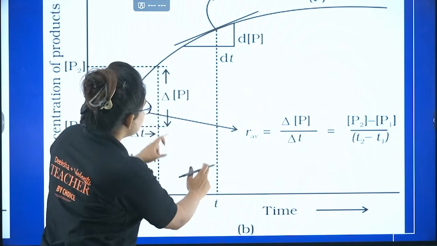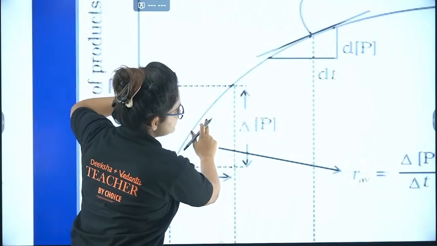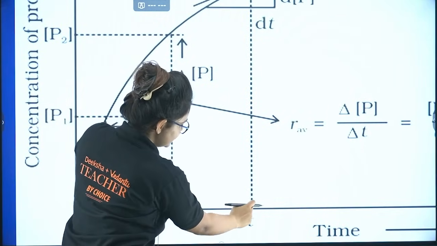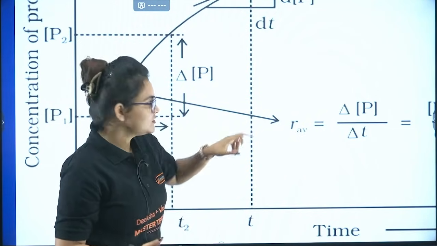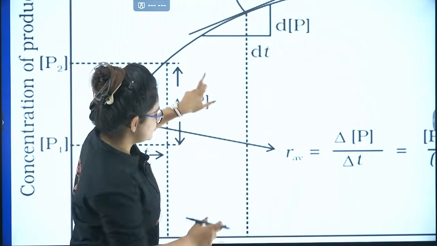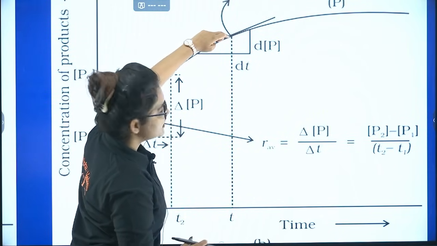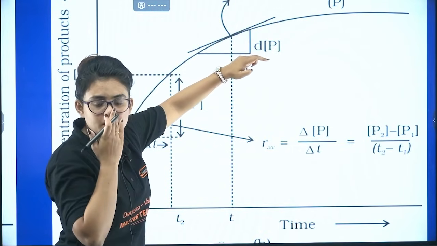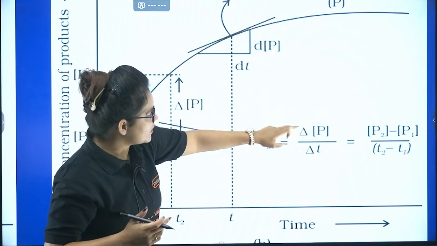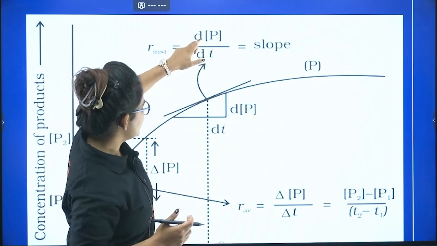Now exactly at this instant, what is the rate? I will again draw a straight line. It will touch here, and here I will draw a slope. I will draw a tangent and calculate the slope there. If you calculate the slope, you will get dy by dx.